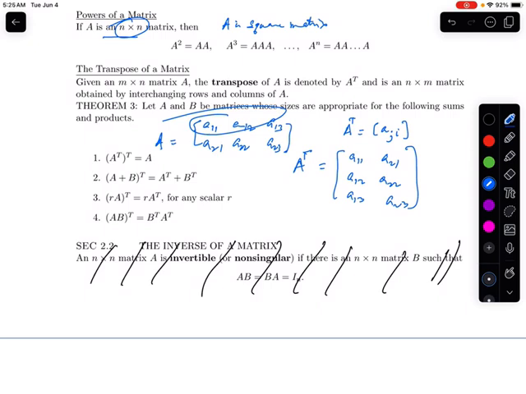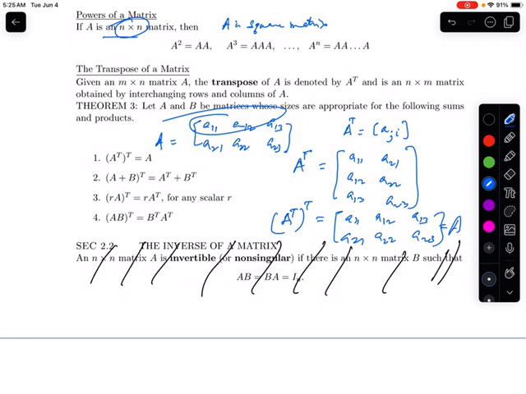The columns of this will become the rows of A transpose. So the first column becomes the first row, and the second column becomes the second row, which is back to A.